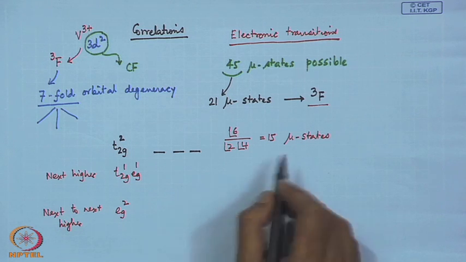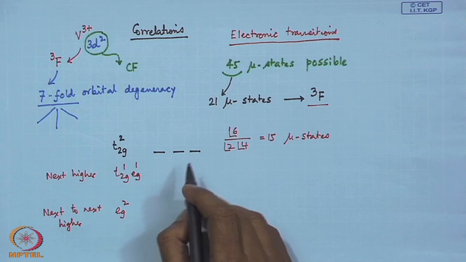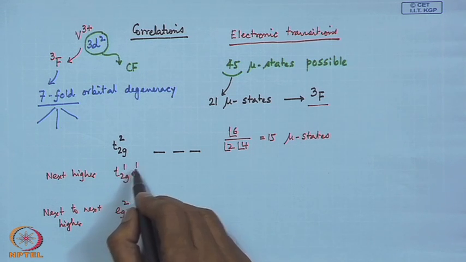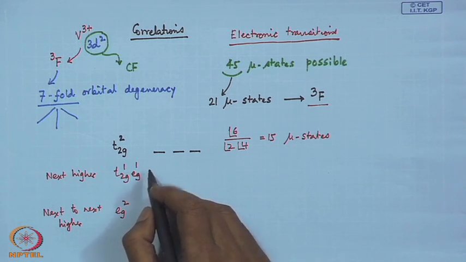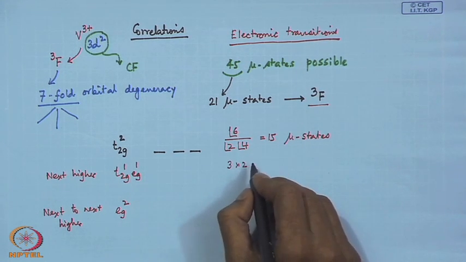So in this particular case, since the 15 we have counted over here, when 1 electron is in the T2G level with the 2 spins, you have 3 into 2, that means 6 possibilities.